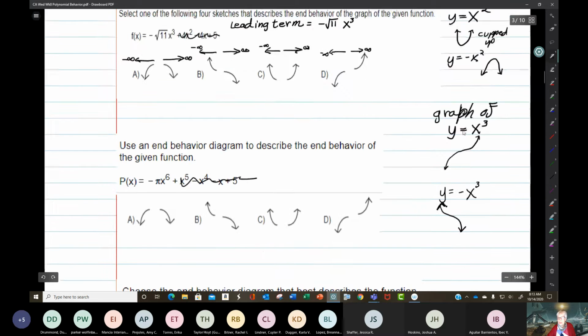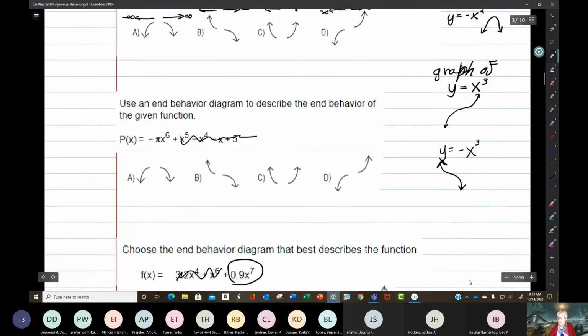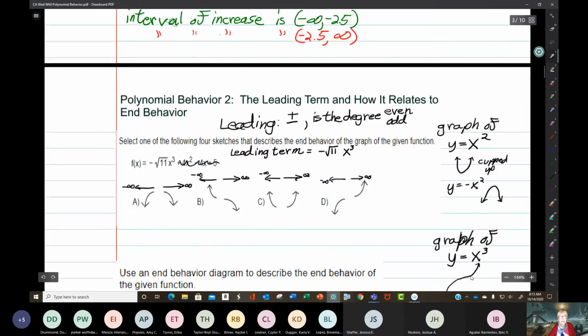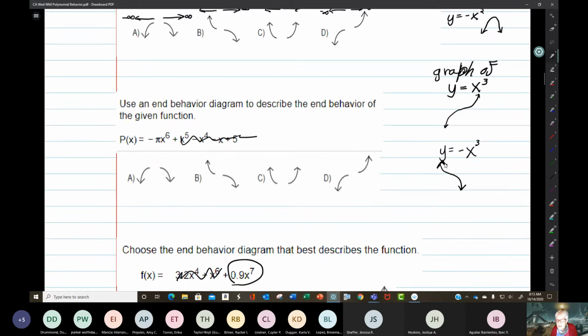And what does that have to do with this over here that I drew, attempted to draw? You'll see. Because way out at the ends, this leading term is going to cause the graph to look like this.